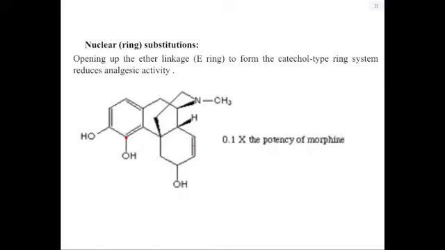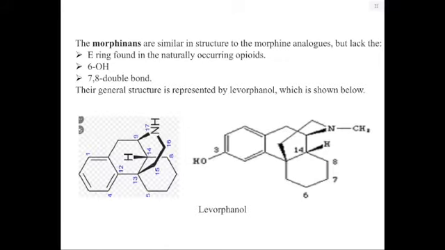So forming the catechol type ring system reduces analgesic activity. Catechol is where two hydroxyl groups are adjacent to each other and attached to a benzene ring. So that will reduce activity. You will find that in those other analogs of morphine, where you remove the ether linkage, you also do not add that hydroxyl group.